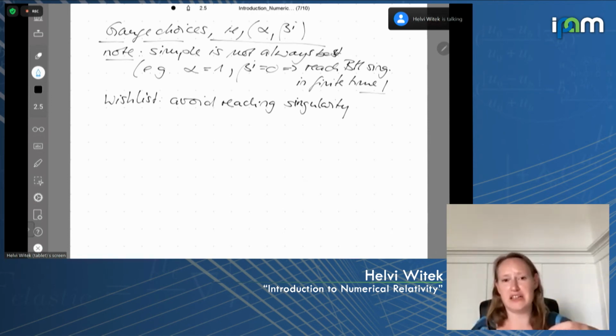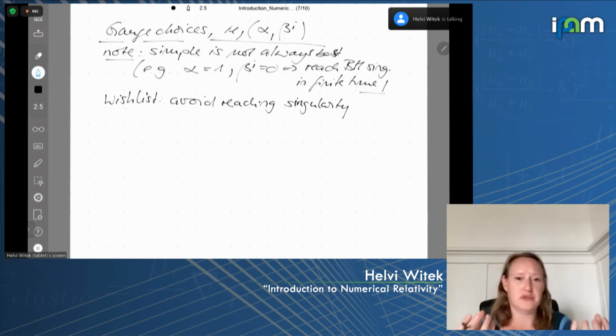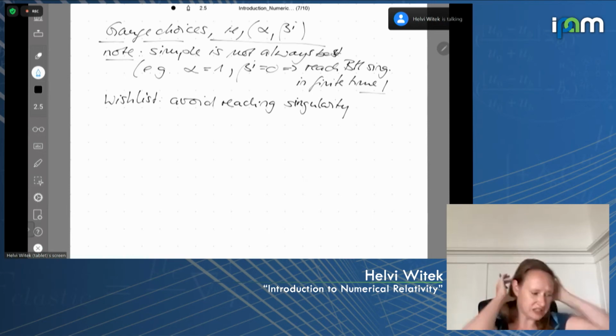And in particular, if you want to reach high black hole spins very close to extremality or high mass ratios, then you have to work a lot to get this excision region and the boundary conditions right. So many of the other numerical relativity codes use something different, where we basically have a smart choice for the lapse and shift, and that's the one that I will tell you about in a moment.